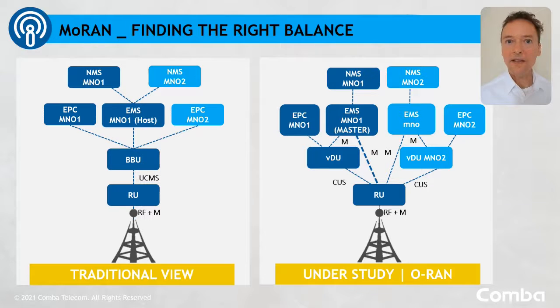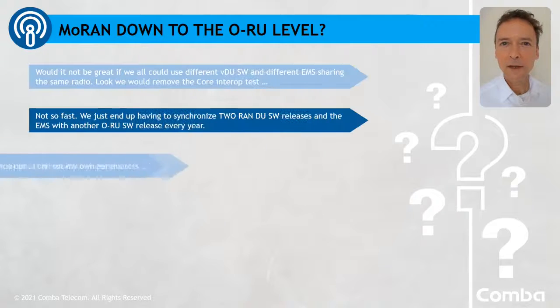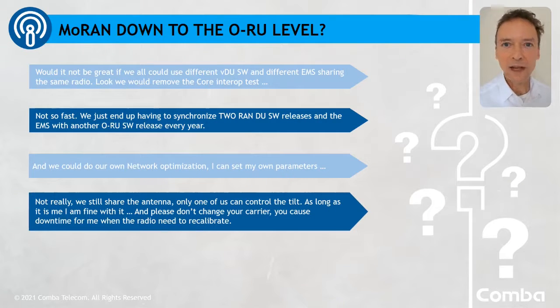Understanding the OpenRAN standardization is a quite more complex picture when MORAN capabilities are driven down to the radio level. There are some question marks around this, as radio, antennas and DU hardware are shared resources. Here you find a fictive dialogue between 2 operators.